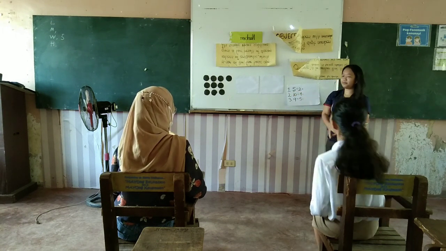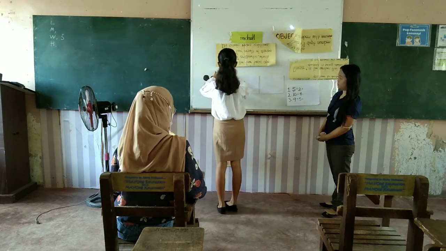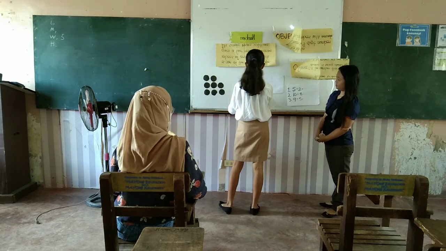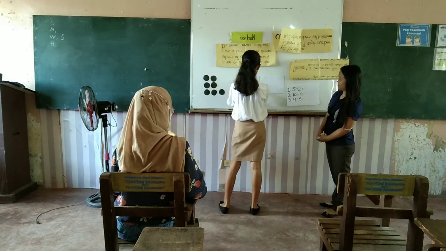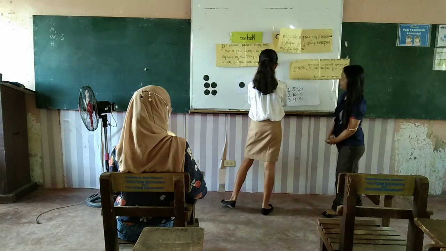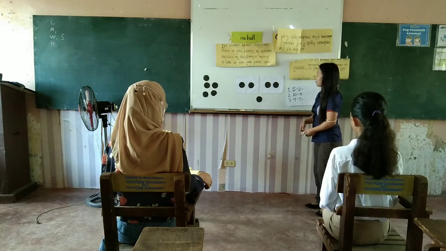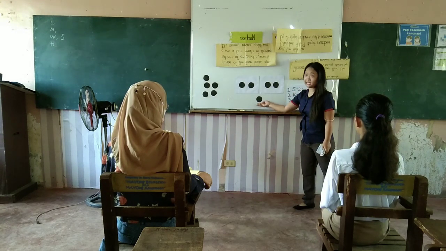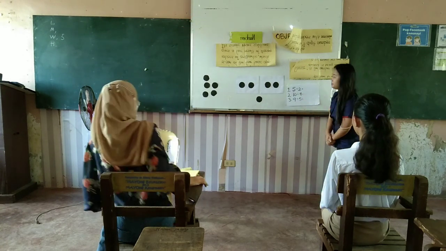Okay, Miss Kripa. Okay, very good. The answer for number 1 is 2, and the excess is 1. For number 2, who wants to answer? Okay, Ms. Dominador.